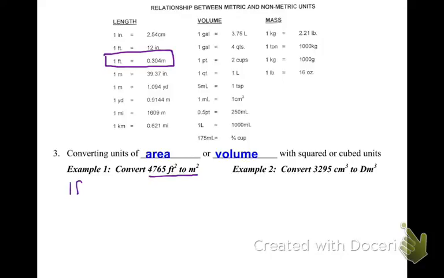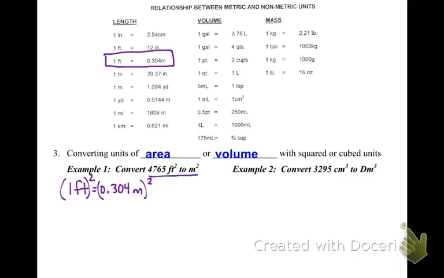So 1 foot equals 0.304 meters. To make a square foot, you're going to square that side. To make a square meter, you're going to square the other side. So that means you'll distribute it.